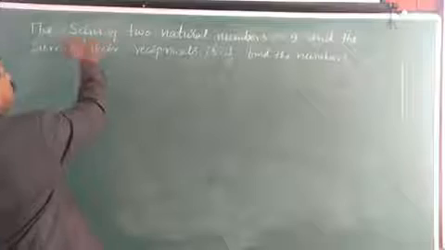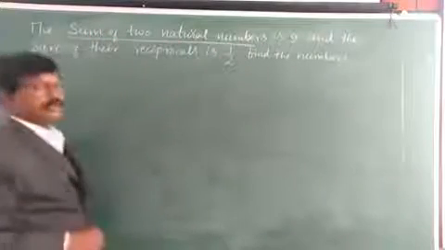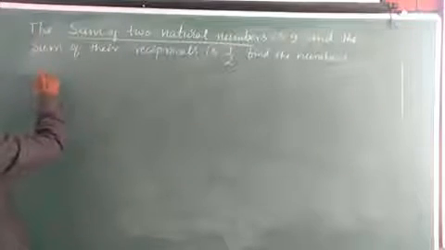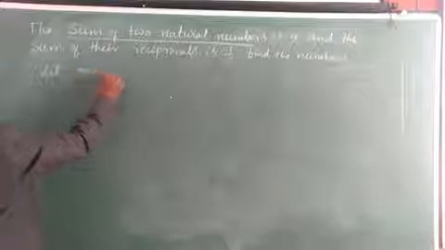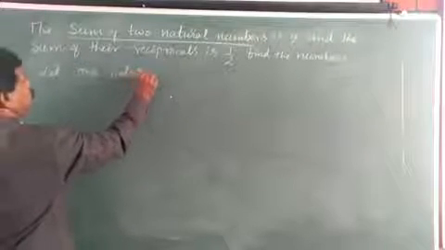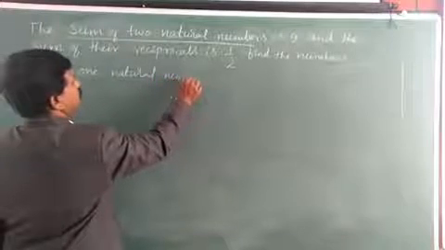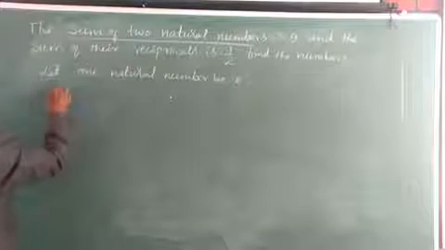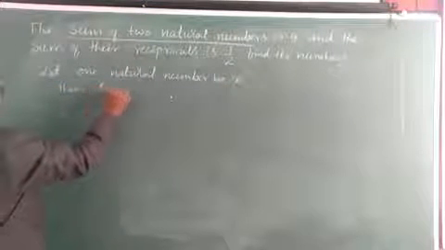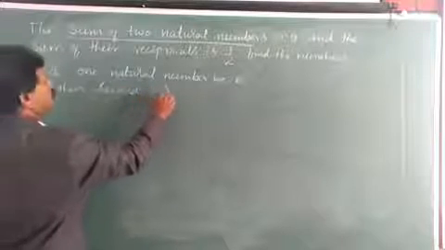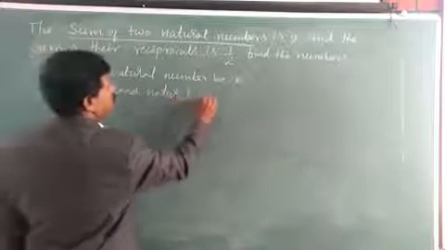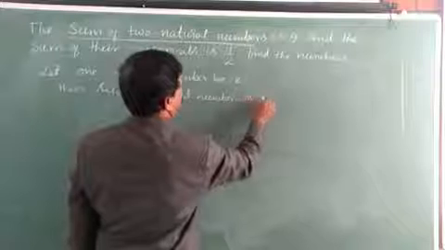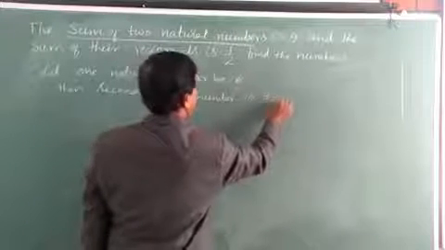See again here, the sum of two natural numbers. See the first problem, sum of two numbers. So let us take, let one natural number be x. Then the second natural number is 9 minus x.